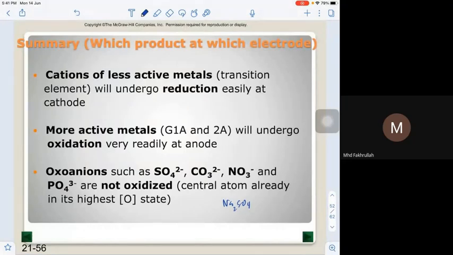And then we also need to consider whether sulfate is oxidized or H2O. This time we don't need to refer to the table, because you should know that sulfate will never be able to be oxidized. So it does not compete with water because it is at the highest oxidation state. So only H2O will be oxidized if we have sodium sulfate as an electrolyte.